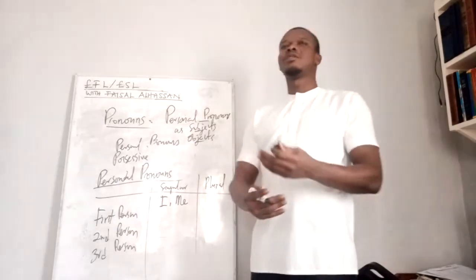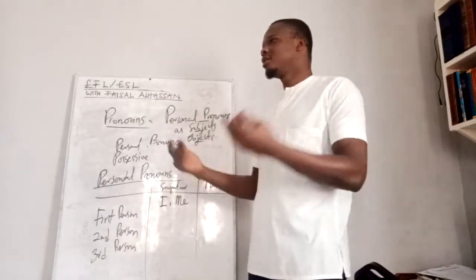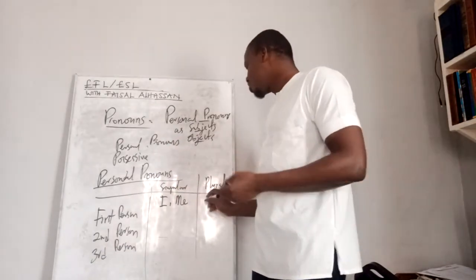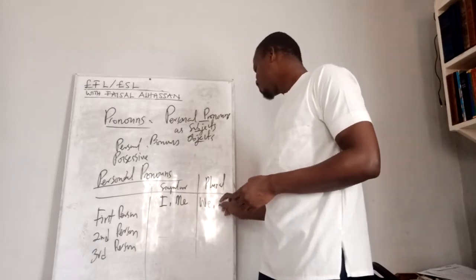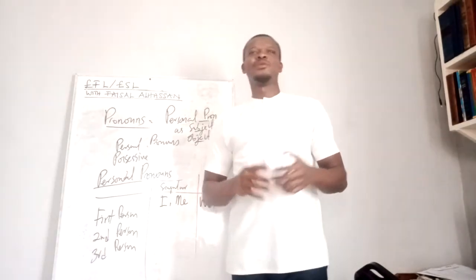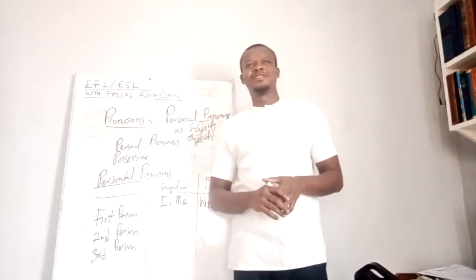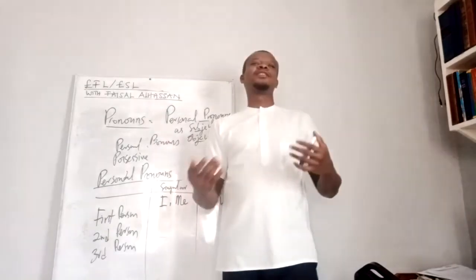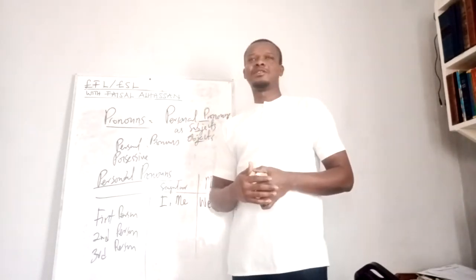With plural, you are considering yourself as part of a group. In that case, you use we. We are going for a vacation. She invited us to her birthday party.